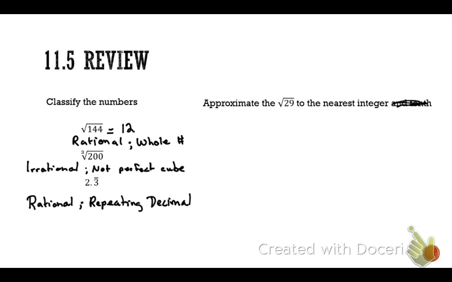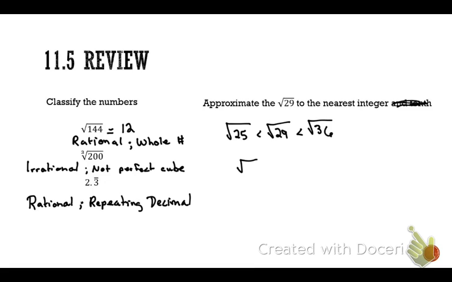What perfect square is it closest to? 25. Now I'll write the perfect squares on both sides. 29 is the number being compared. 25 is only 4 units away. 36 is 7 units away.